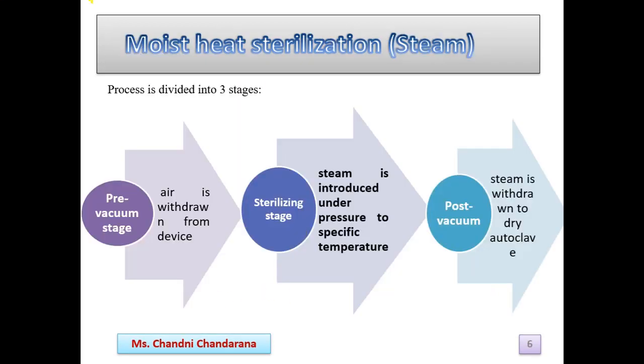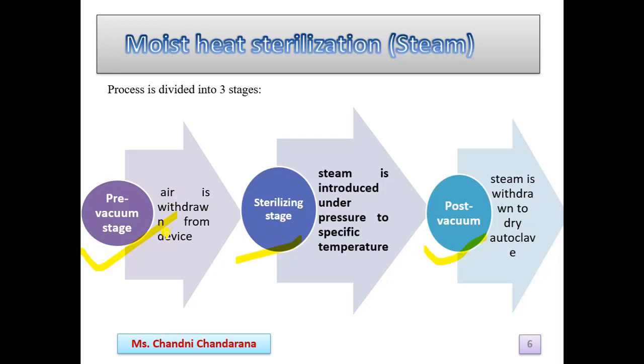Now moist heat sterilization, or steam sterilization, is divided into 3 stages. First is the pre-vacuum stage, then the sterilizing stage, and after that the post-vacuum stage. What is the pre-vacuum stage? Here we apply the vacuum and withdraw the air from the device.